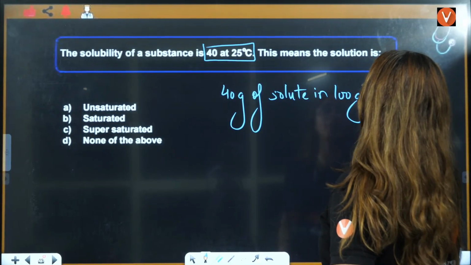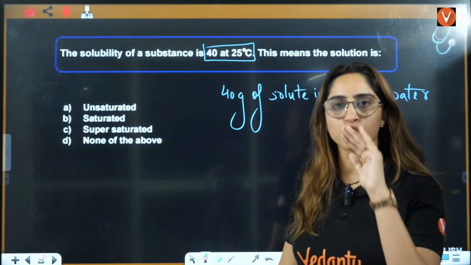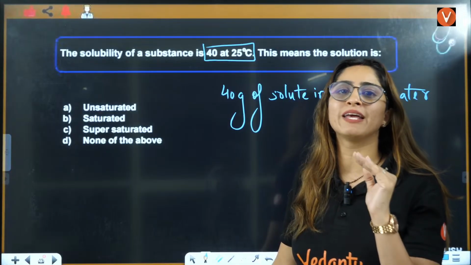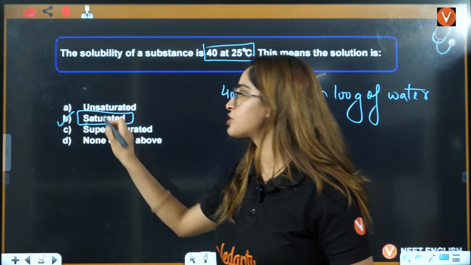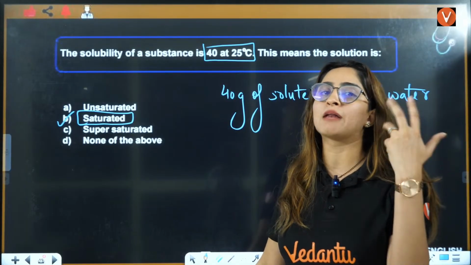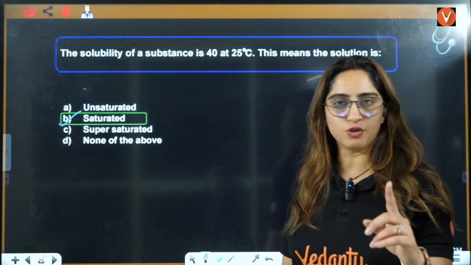So the maximum solubility can be this much. That means it is a saturated solution. No more solute can be dissolved into it. So the answer will be, it is a saturated solution.